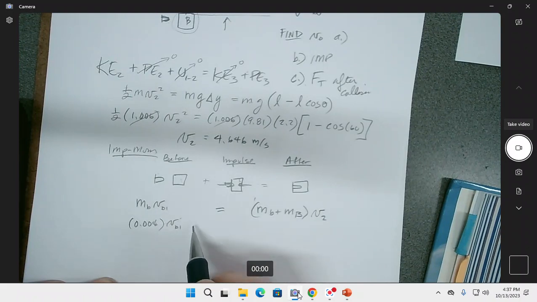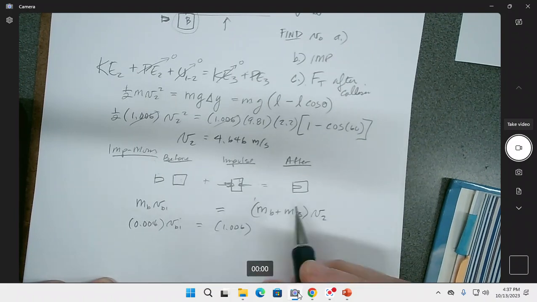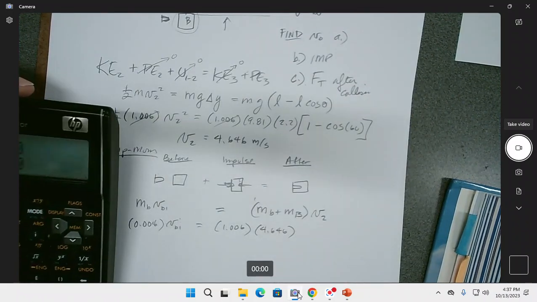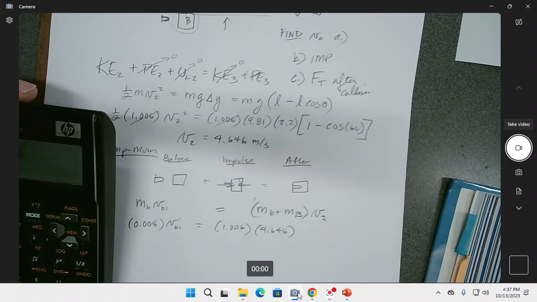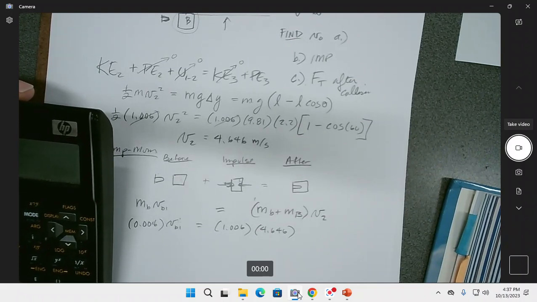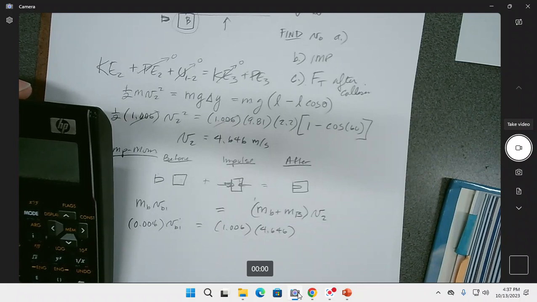VB1, which is what we want to find, and we have 1.006 times 4.646. So 1.006 times 4.646 divided by 0.006.